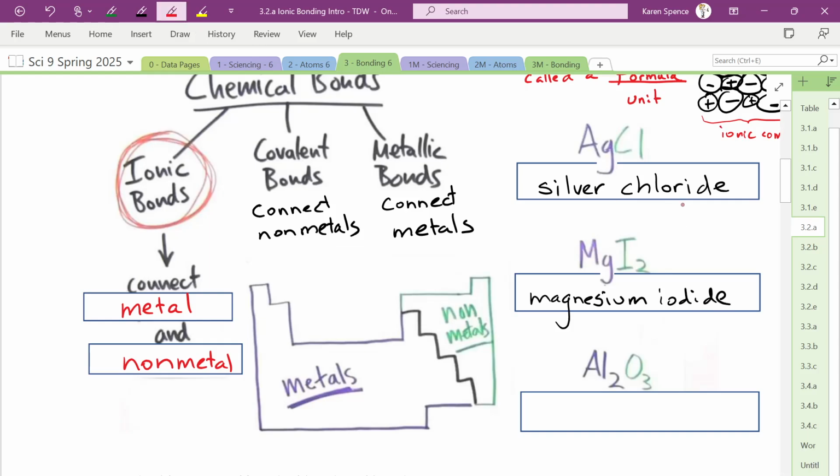So we have that ide ending on the non-metal. And then finally, we have aluminum. Now, do we call this oxygen? Does oxygen sound good? No. What sounds better? Oxide.